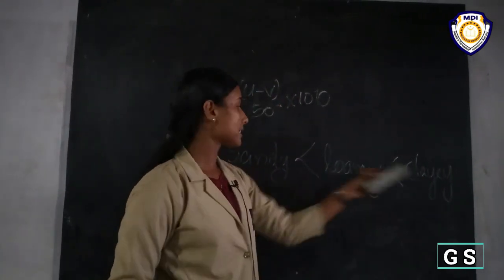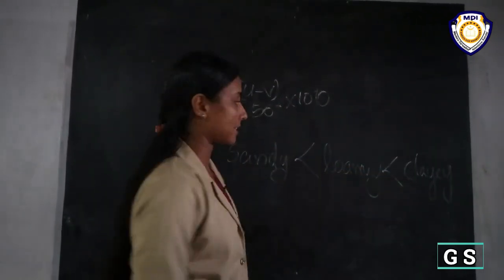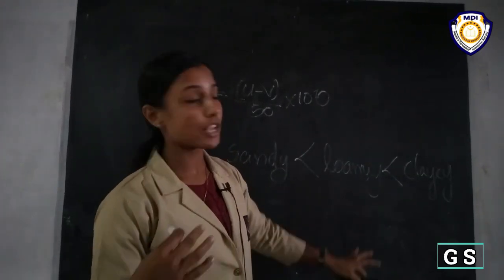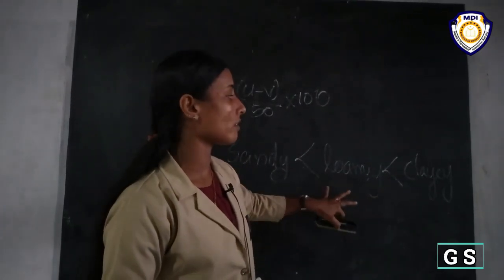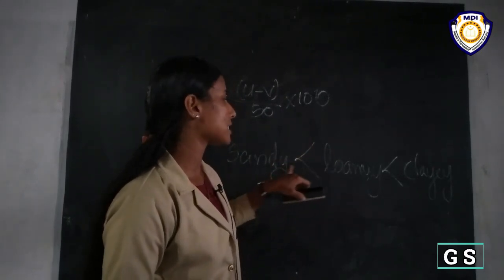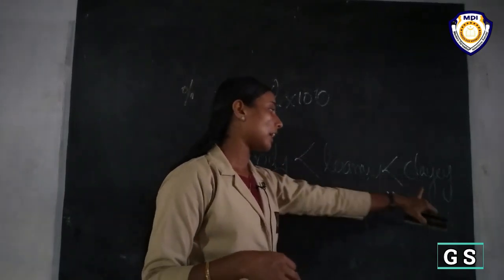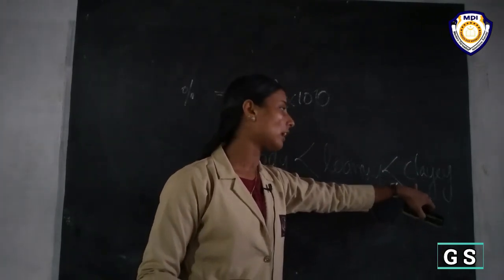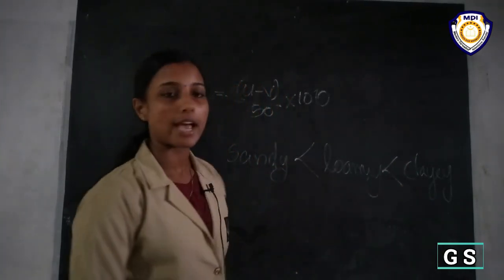Okay, so this is the order of absorption capacity. Absorption capacity is higher for clay soil and least for sandy soil.